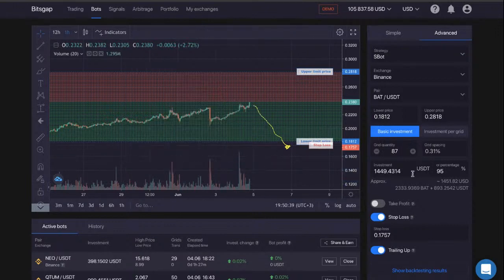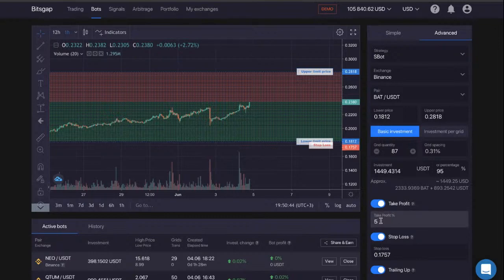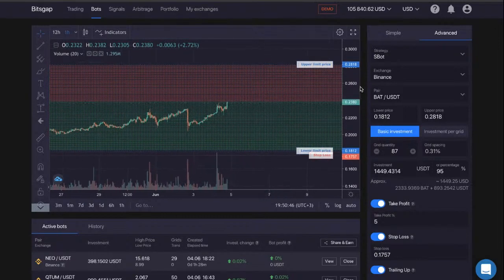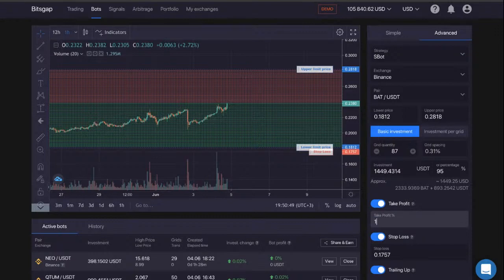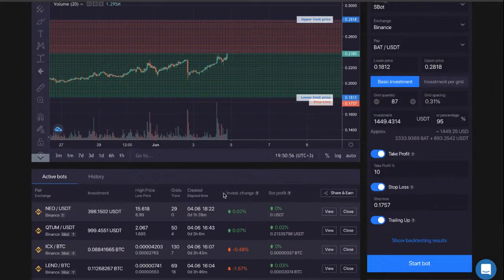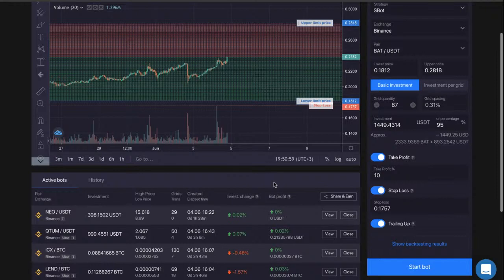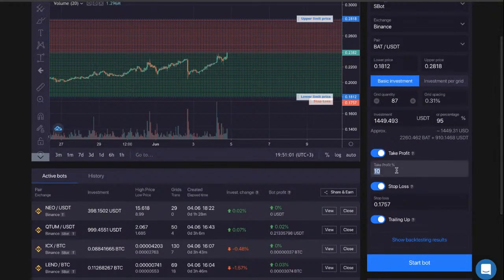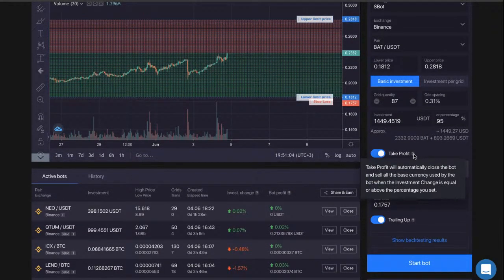And with the take profit, here you can only place a percentage for now. If you place, let's say 10%, the bot will sell all of the base currency as soon as the investment change is 10%. And the full description you can also see here. So the algorithm will automatically close the bot and sell all of the base currency.